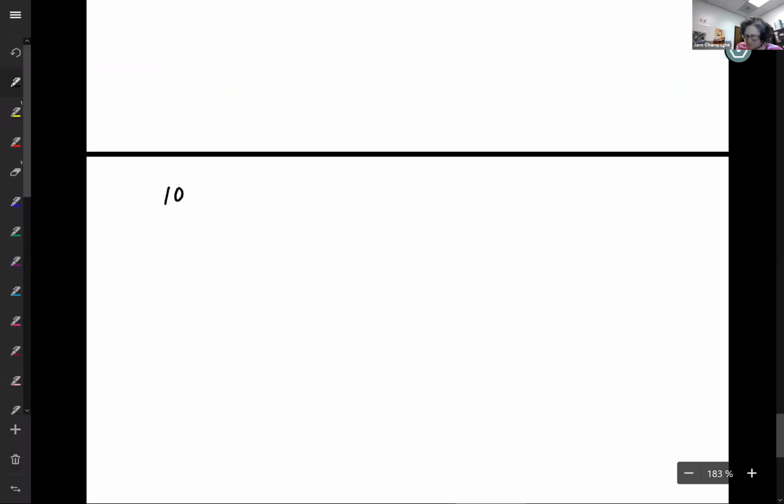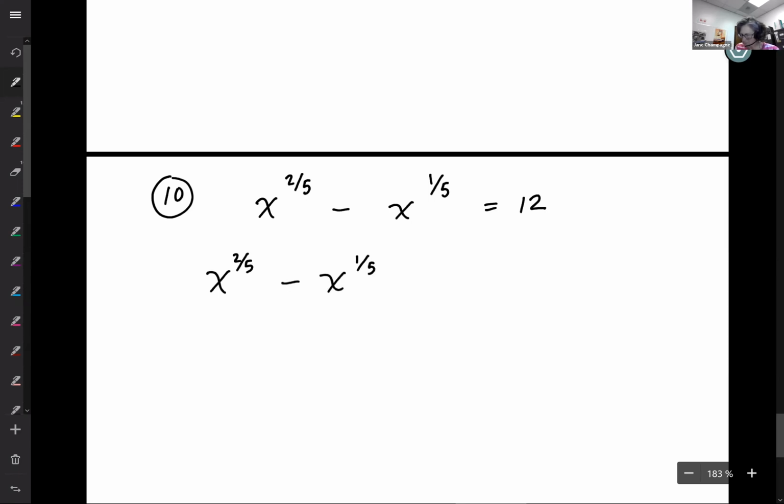Number 10. The grand finale. X to the 2/5 minus x to the 1/5 equals 12. So first we want to set it equal to 0. And then this is going to be u squared, and this is going to be u.